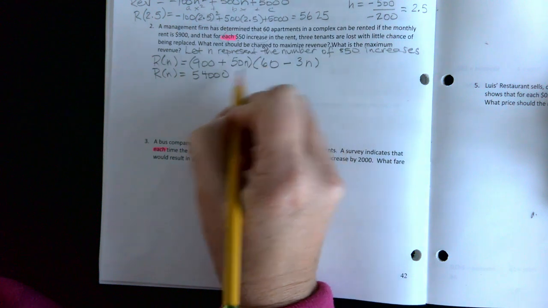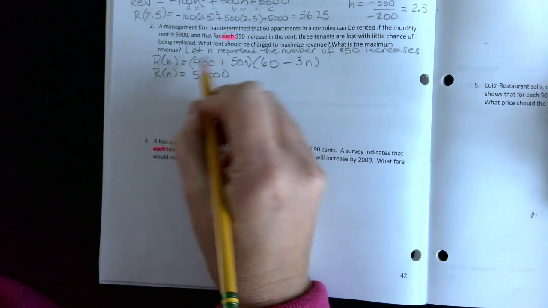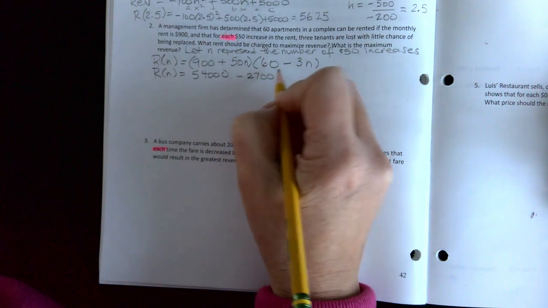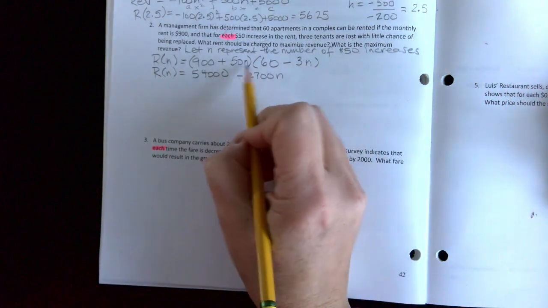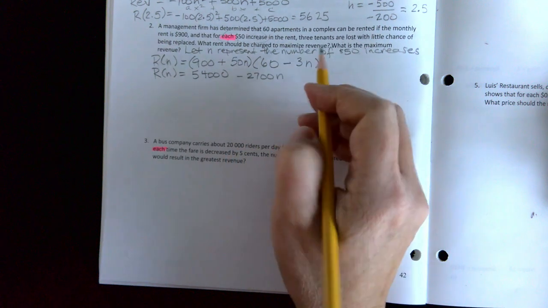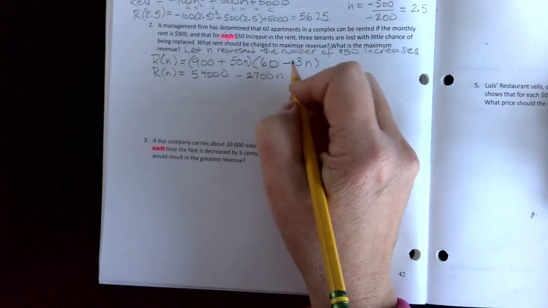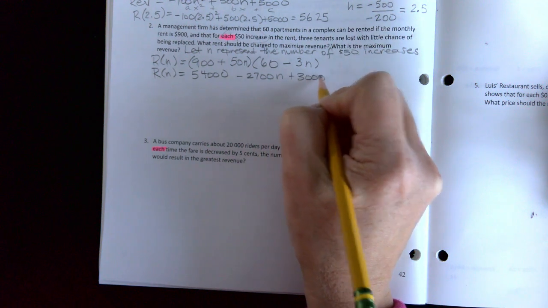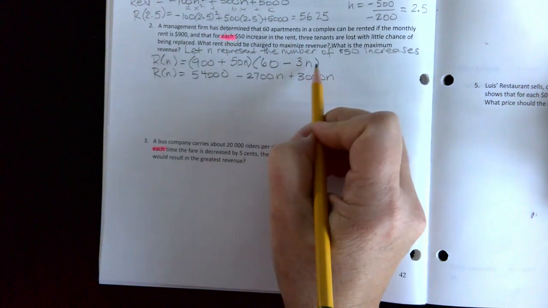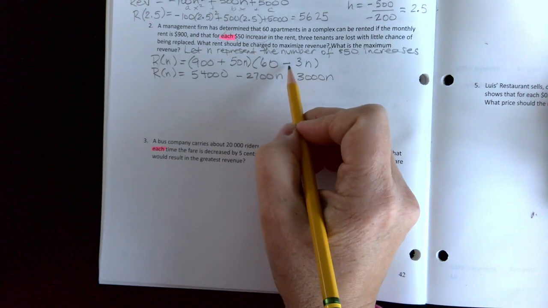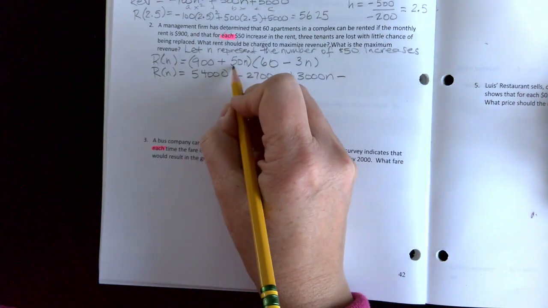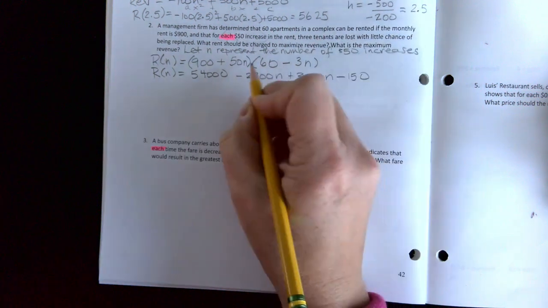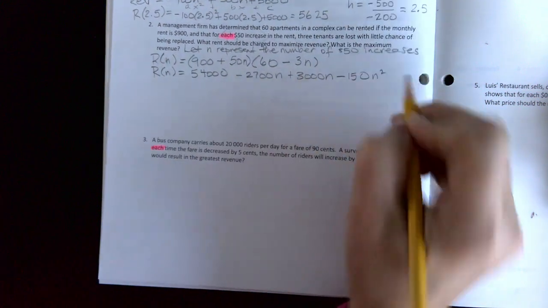First times first, 54,000. First times last, negative 2,700 N. The insides, 50 times 60, 3,000 N. And then the last one in each bracket, positive times negative is negative. 50 times 3 is 150. And N times N is N squared.